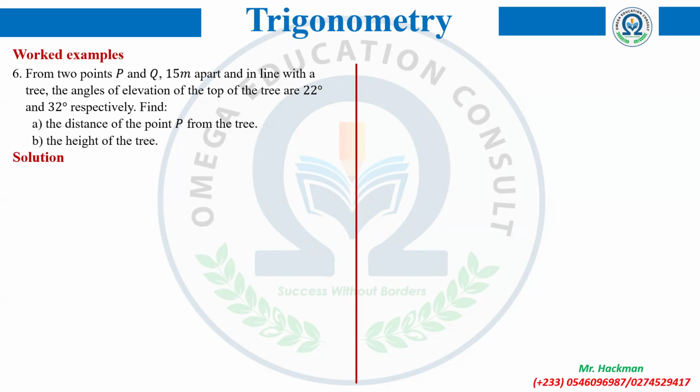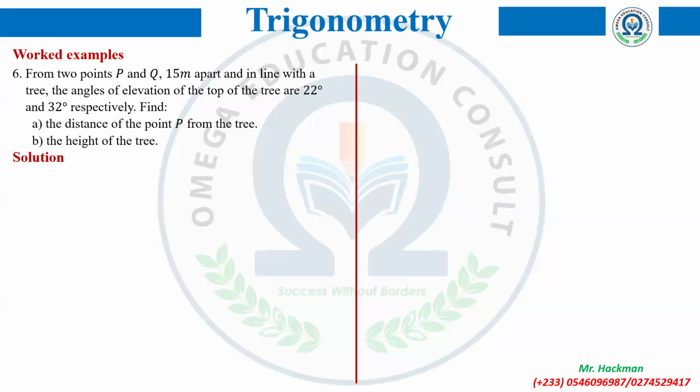The angles of elevation of the top of the tree are 22 degrees and 32 degrees respectively. So because we are talking about respectively, it means you are at P and you want to sight the top of the tree, you need to move an angle of 22 degrees. If you are at Q and you want to sight the top of the tree, you need to move an angle of 32 degrees. All correct?